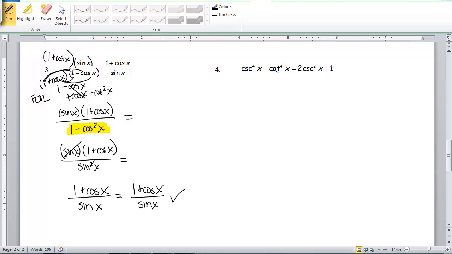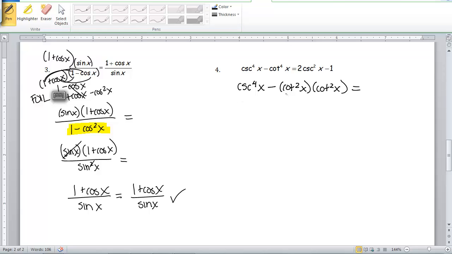If you look at your Pythagorean identities, cotangent squared x is the same thing as cosecant squared x minus 1. So if I separate the cotangent to the 4th power into 2 separate cotangent to the 2nd power, these are the same thing, it's just not multiplied.